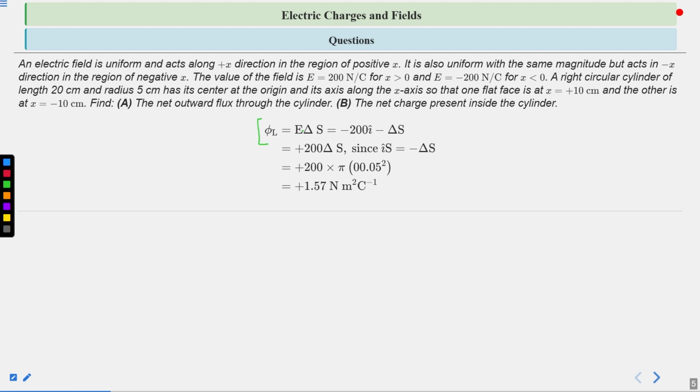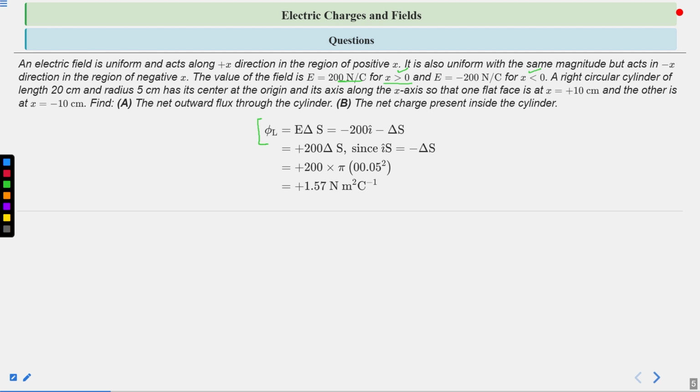Now according to the question, the value of E for x greater than 0 is 200 Newton per Coulomb along the positive x axis. So positive x axis means x is greater than 0, and negative x axis means x is less than 0.